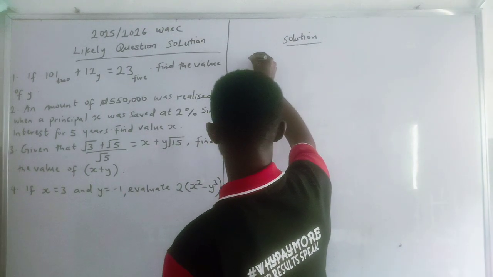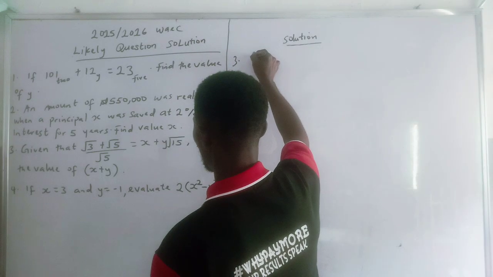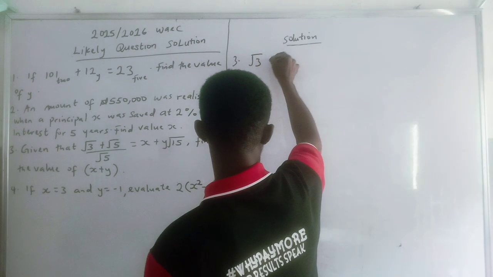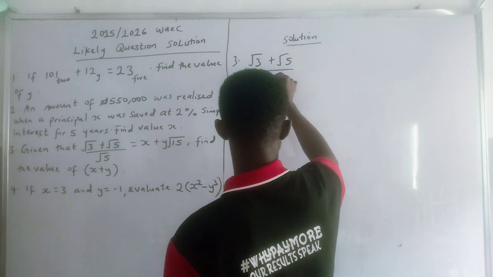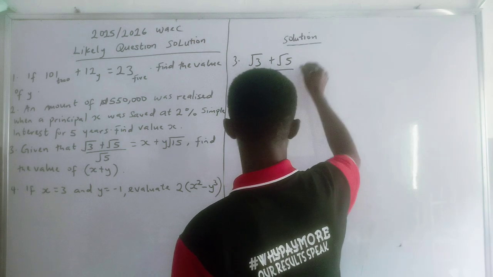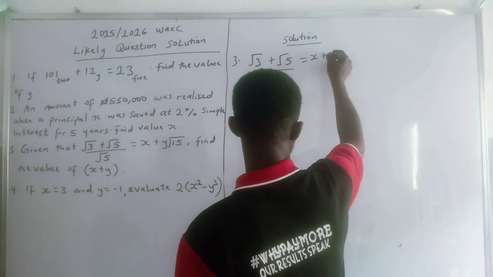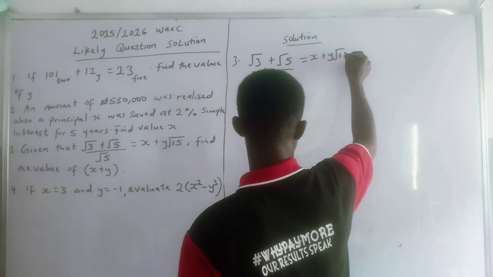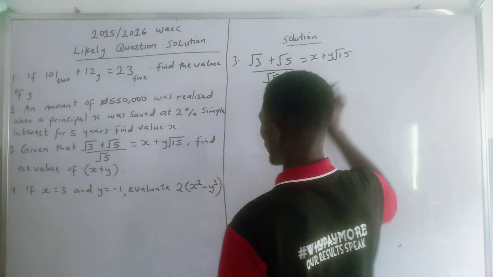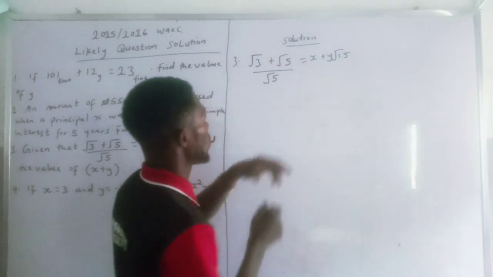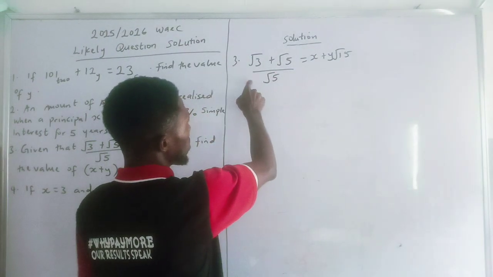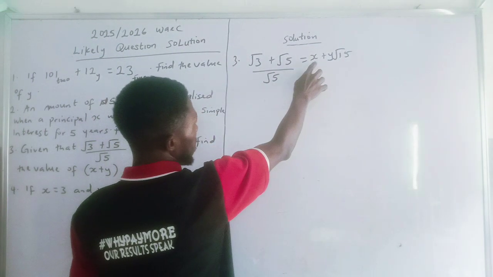Alright, now for us to find the value of x plus y, we are going to have something like this. We're going to say root 3 plus root 5 over root 5 is equal to x plus y root 15. So we are looking for x plus y, and for you to get your x plus y, we are going to express this in the form x plus y root 15.